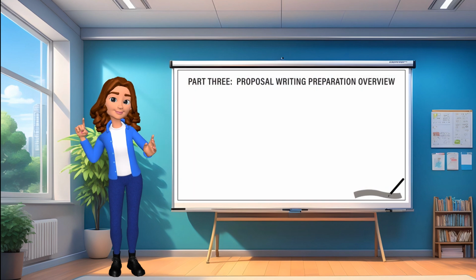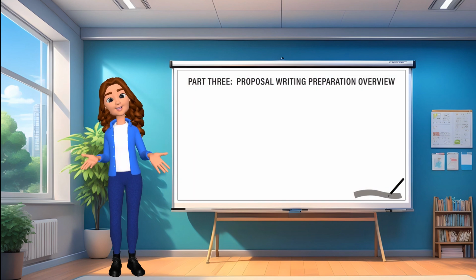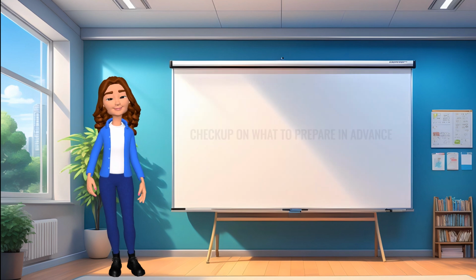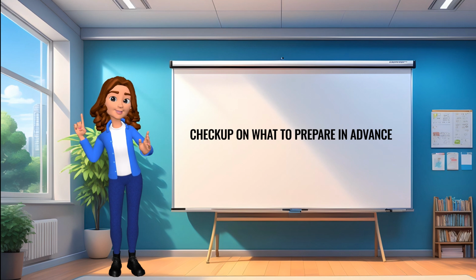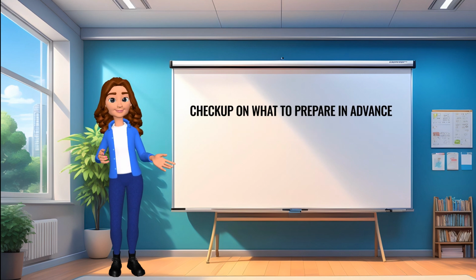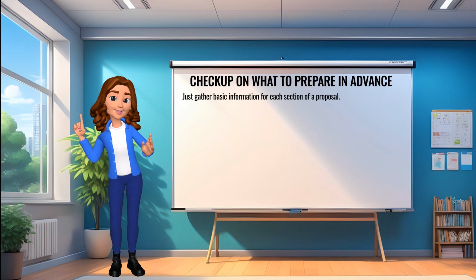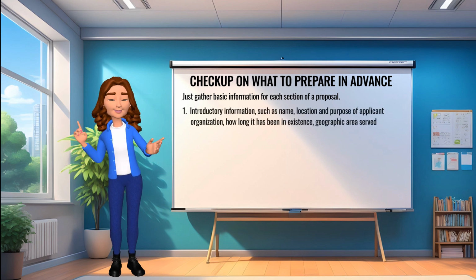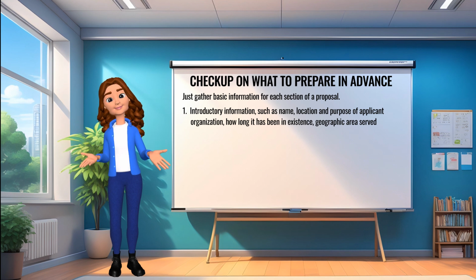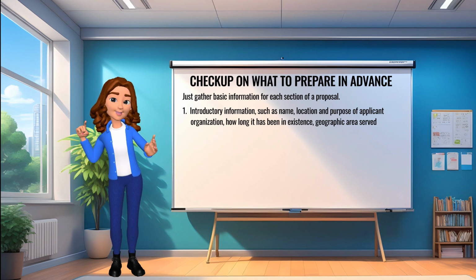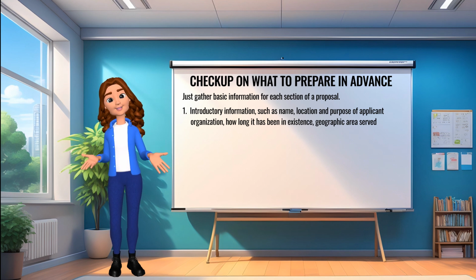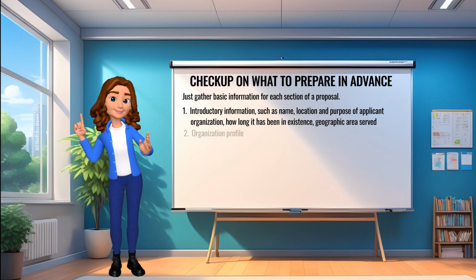Part 3, Proposal Writing Preparation Overview. Check up on what to prepare in advance. Just gather basic information for each section of a proposal. Introductory information such as name, location, and purpose of applicant organization, how long it has been in existence, geographic area served.